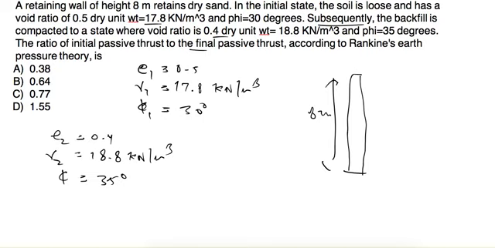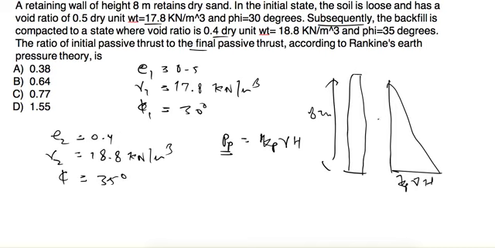So the passive pressure we know is given as Kp gamma h, and the distribution is again triangular. This value is Kp gamma h, this is h. So passive thrust, you can say Fp is equal to half Kp gamma h square.